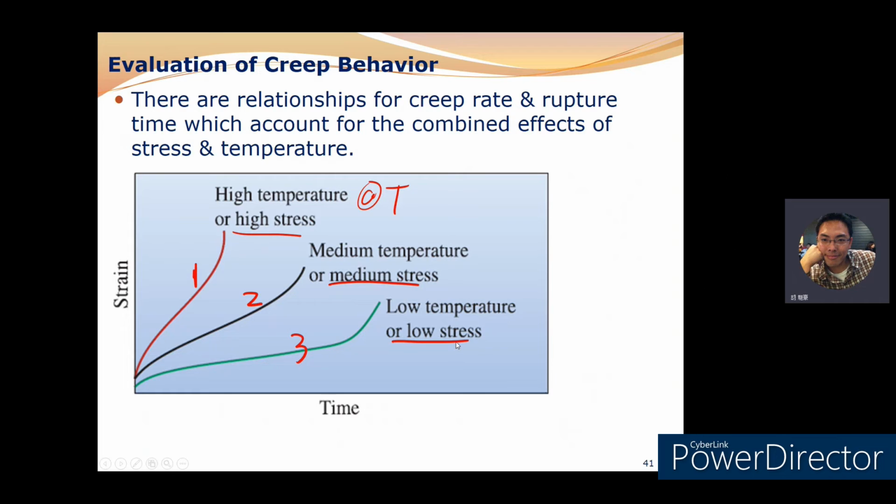For curve one, it has the higher stress applied, right? Its slope, let's say its creep rate, is higher than that of the second one, and higher than the third one.